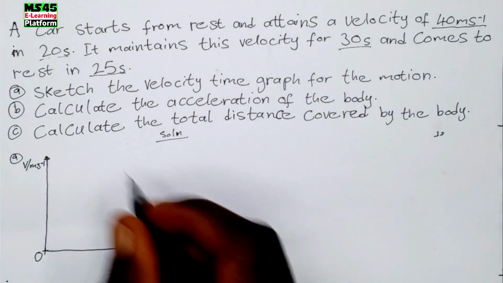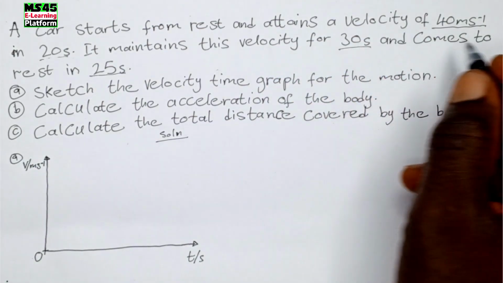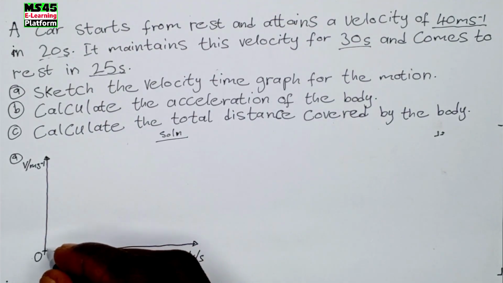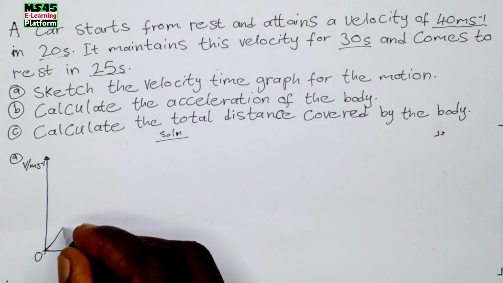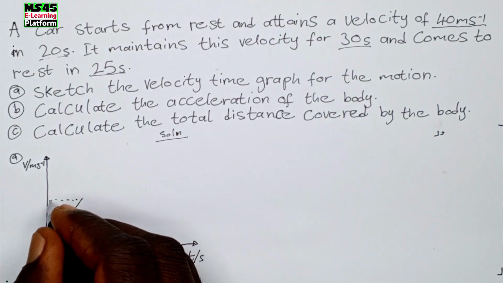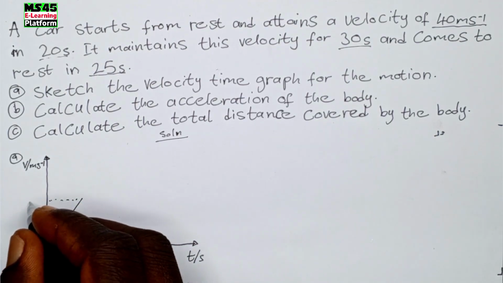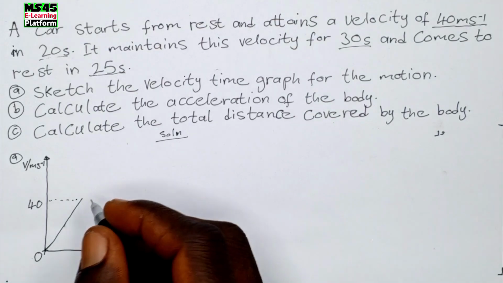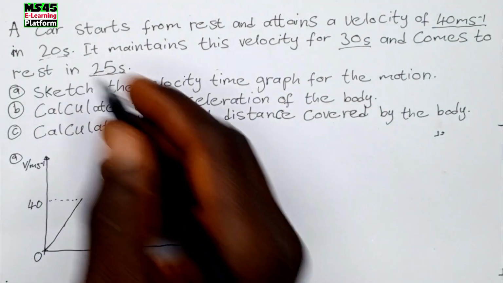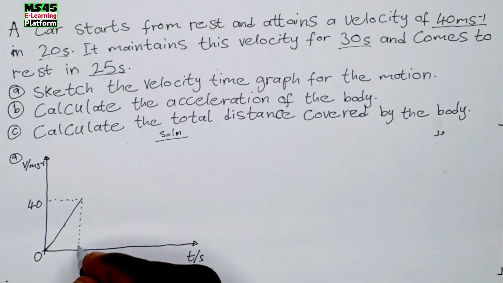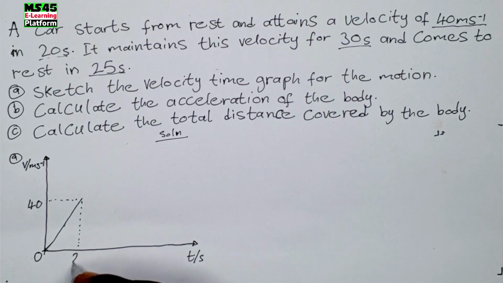A car starts from rest and attains a velocity of 40 meters per second in 20 seconds. So a car starts from rest, it will start from 0 here, and attain a velocity of 40 meters per second. So let's assume here is our 40 meters per second, since this is the velocity. In 20 seconds, so here will be our time, that is 20.